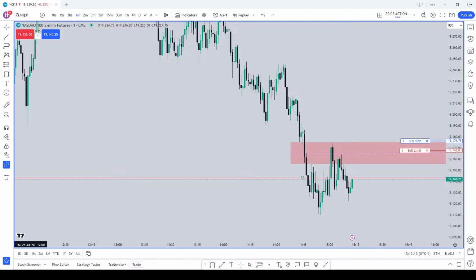The market is consolidating. It is consolidating and wiping out buyers and sellers. Can we get filled in our position?